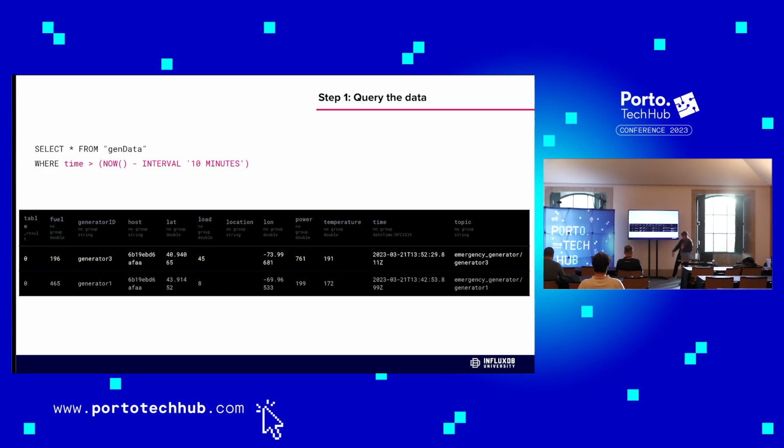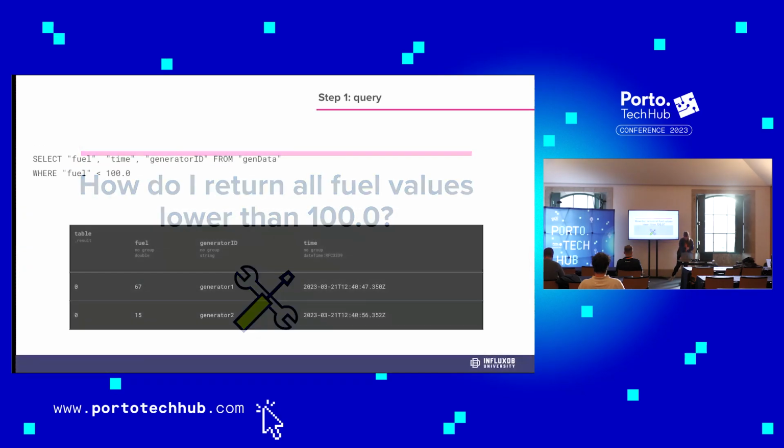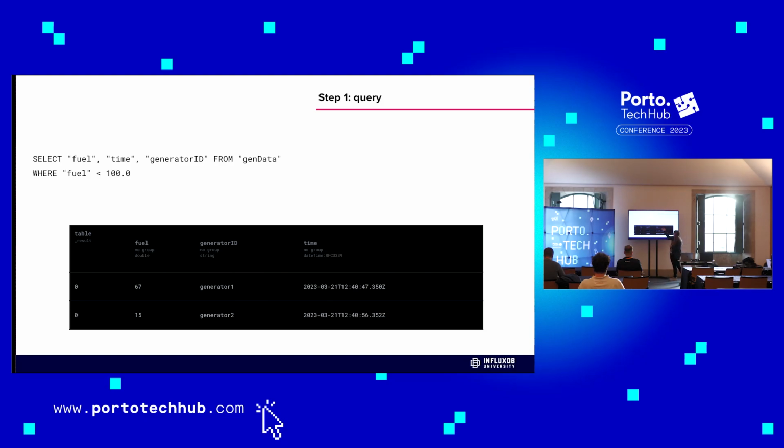Location might be empty, but it's still there. We even have timestamp. In this one, the time comes along because that's just how a time series database works. We're requesting the time, so that's why we're getting it back, but that's a pretty normal one to request from gen data. And with this, we're saying only give me back the generators with the fuel lower than 100. When we ran this query, you'll see generator 3 has disappeared because it happened to have a fuel higher than 100.